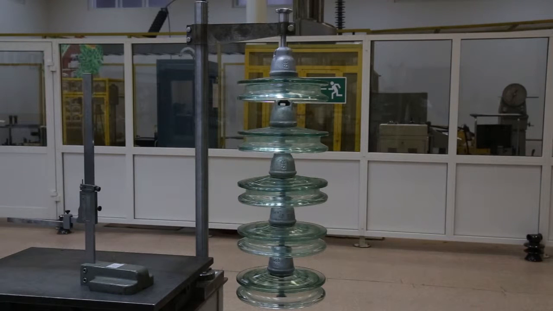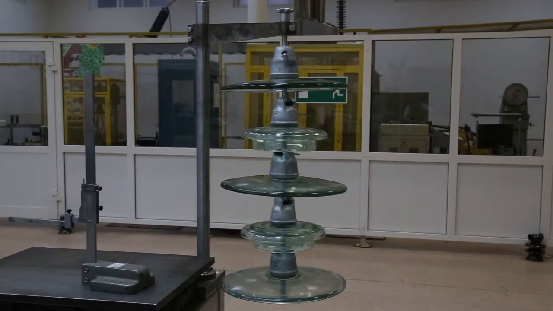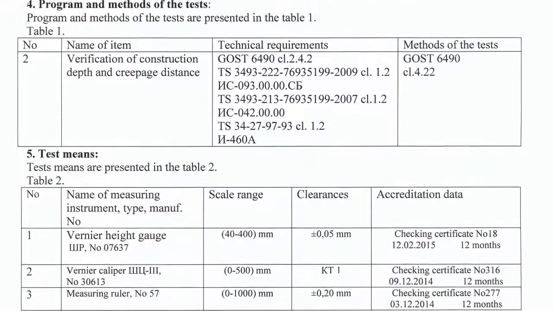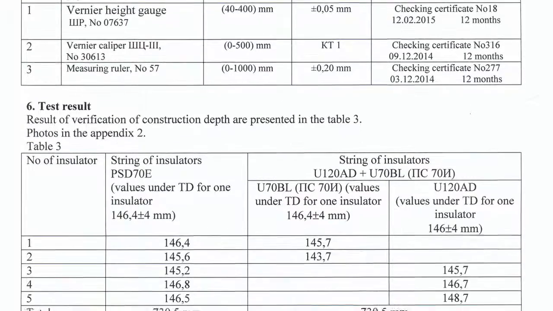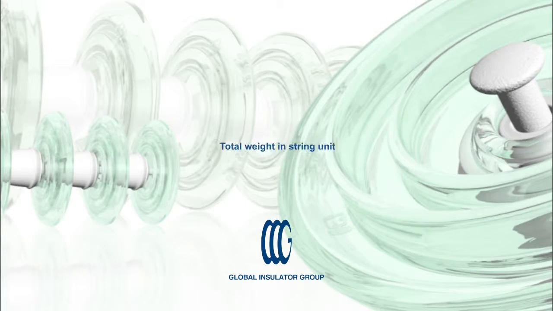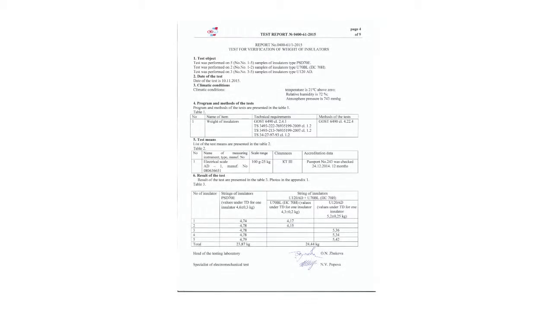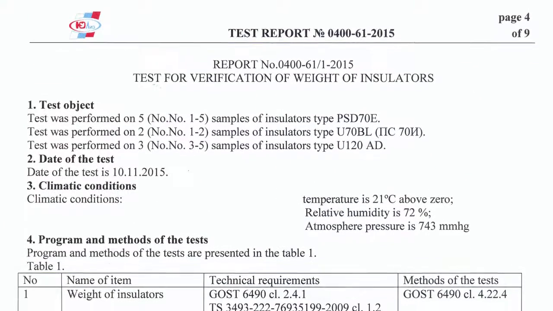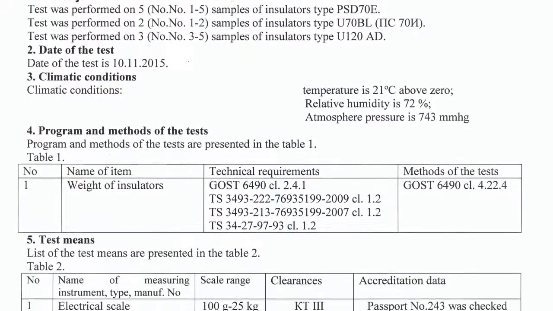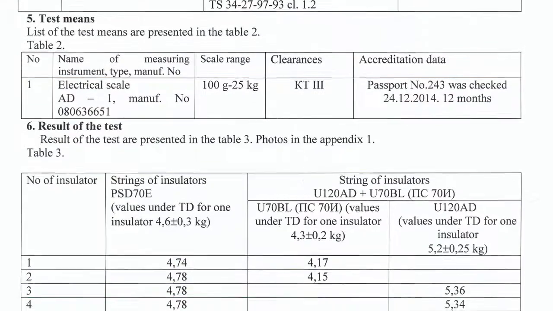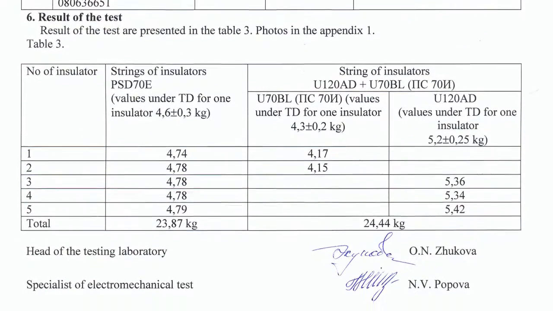One type string unit of PSD 730.5 mm, mixed type string unit 730.5 mm. Total weight of insulators and string units is: one type string unit of PSD 23.87 kilograms, mixed type string unit 24.44 kilograms. The difference in weight is 570 grams.